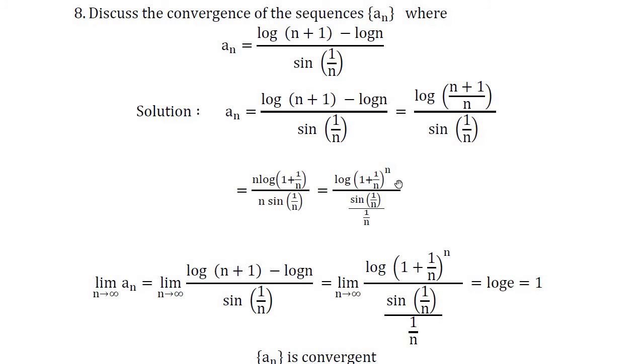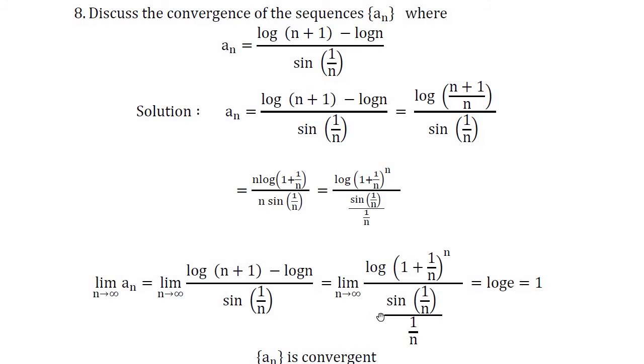Apply the limits to this one. We get limit of log of (1 plus 1 by n) whole power n divided by sine of 1 by n divided by 1 by n as n tends to infinity. Numerator, it is a standard limit whose value is e, we get log e. In denominator, it is in the form of sine theta divided by theta.